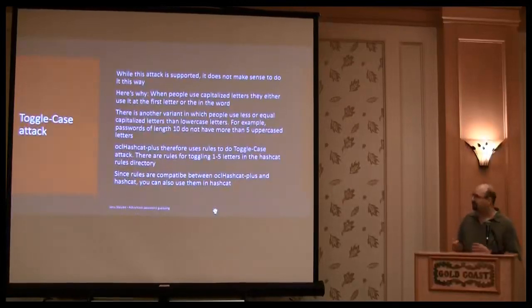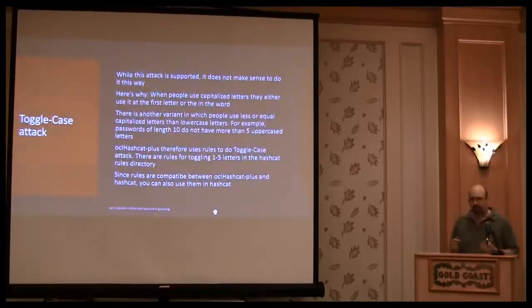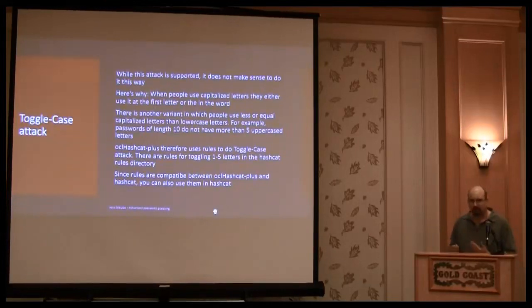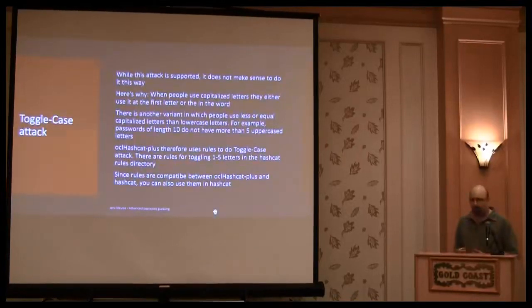And with a standard toggle case attack, you go through all variants. So this is not really efficient, because if you have a word with 5 letters, you don't need the variant with 4 uppercase, because it's very unlikely that the user chose it. You want only 3, 2, or 1.